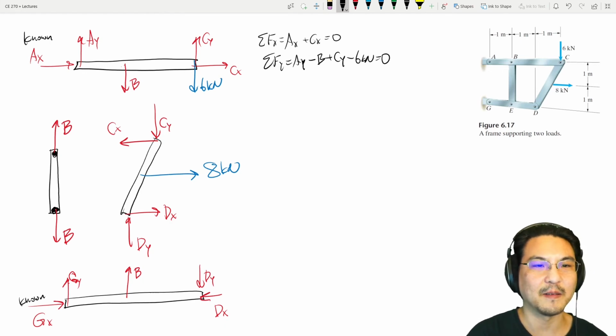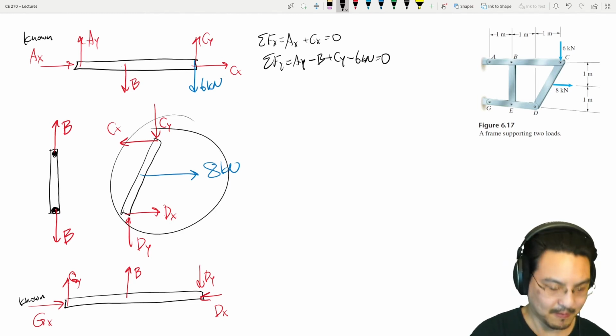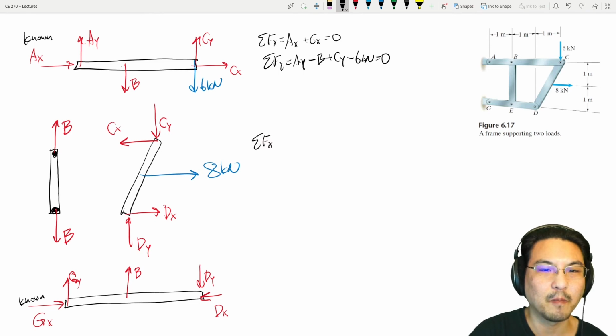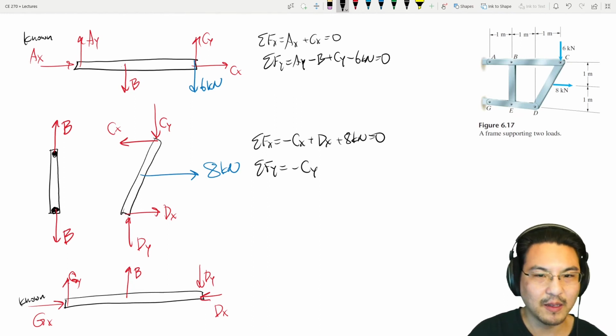Okay, and then let me write all the x and y first. So let's go to this one right here. X direction, negative cx plus dx plus 8 kilonewtons. Okay, y direction, negative cy plus dy.